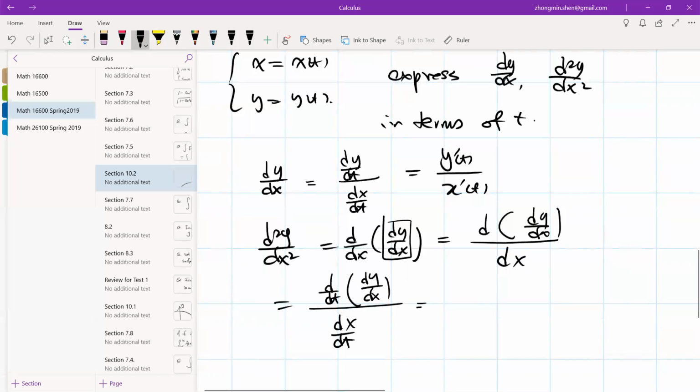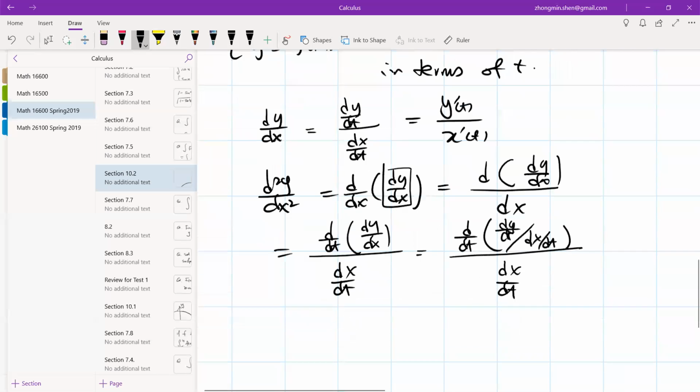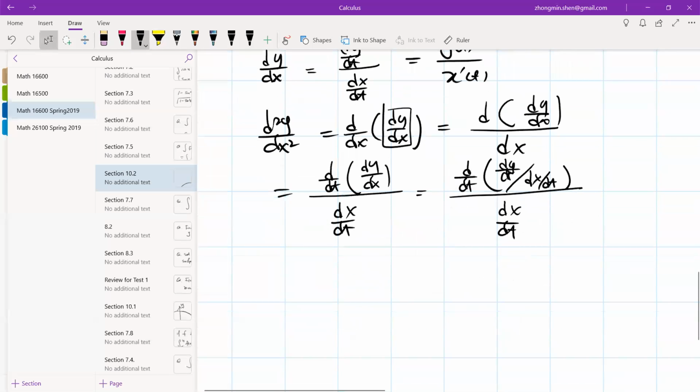So what do we have here? For simplicity, you have to use the chain rule to figure this out. So this will be d/dt over dx/dt. What is that part? This is actually dy over dt divided by dx over dt. So you can use the quotient rule to find the derivative.